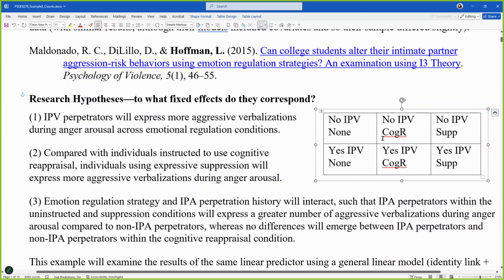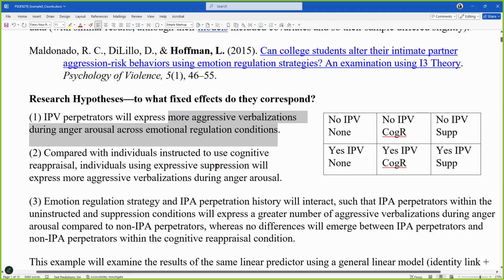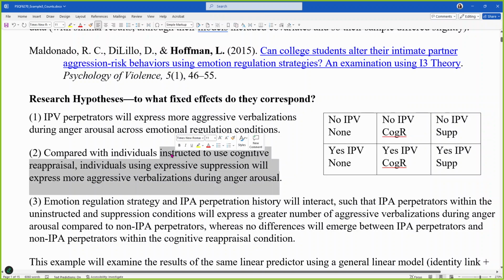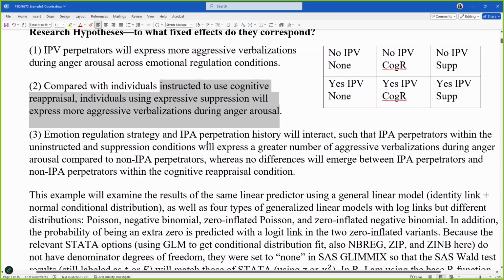So we know at a minimum, we need a main effect of IPV to answer this question. We know that we need a main effect of none versus cognitive reappraisal versus suppression to answer that question, number 2. Now, number 3 is very long, but here's your key. Will interact.